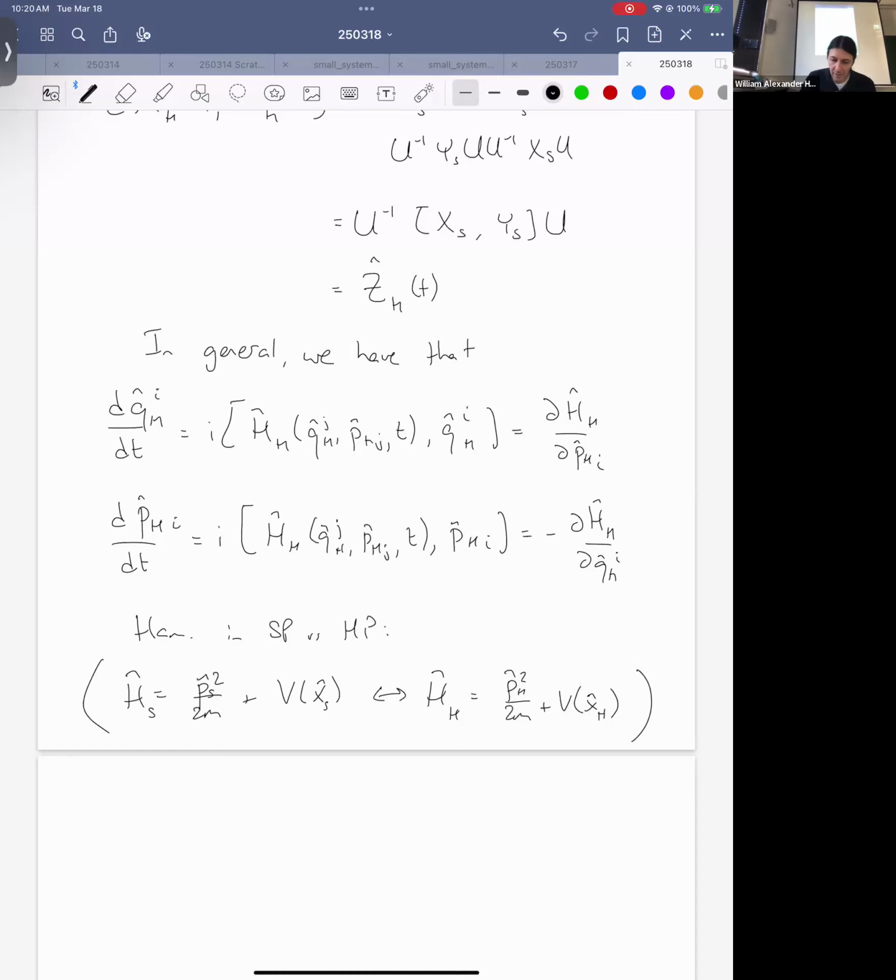All right. So we have Hamilton's equations in quantum form.